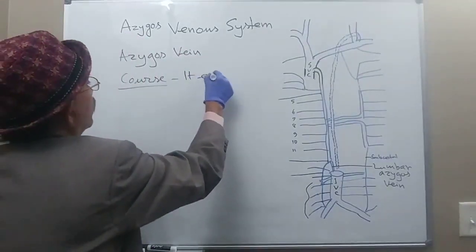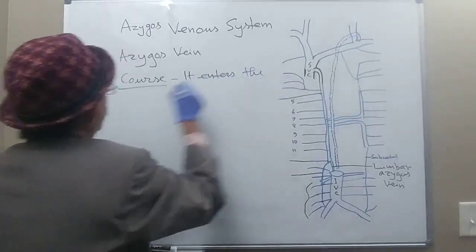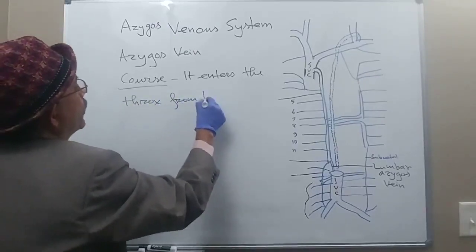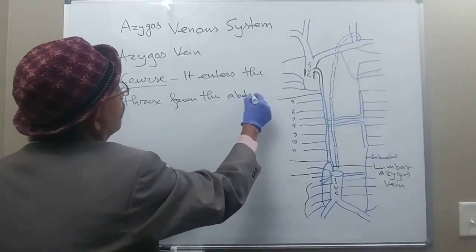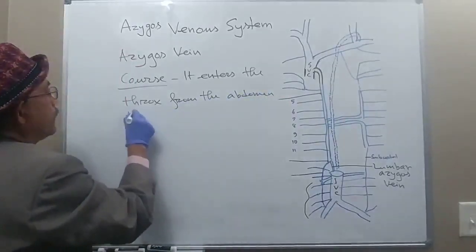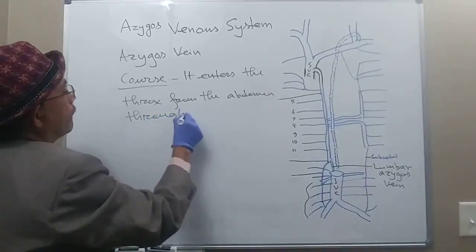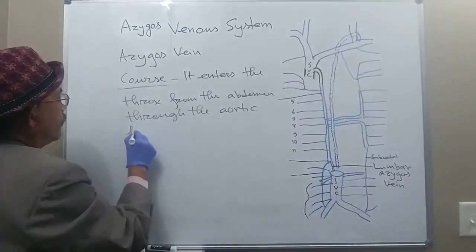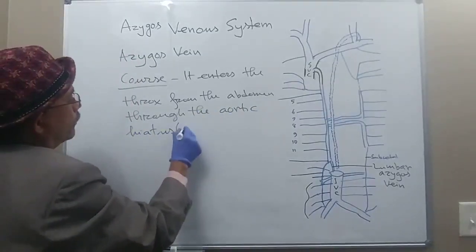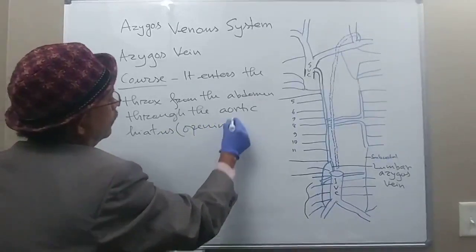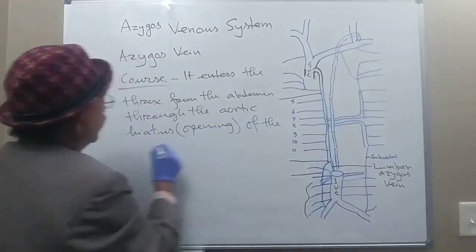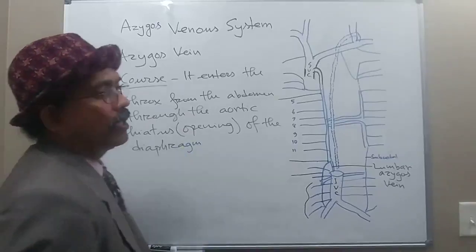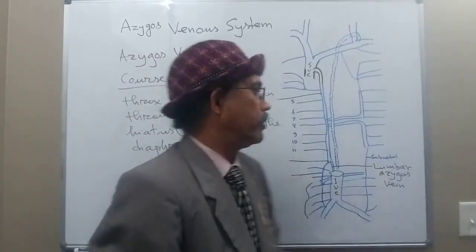Okay, it enters the thorax from the abdomen through the aortic hiatus, that is the opening of the diaphragm, at the level of the T12 thoracic vertebra.